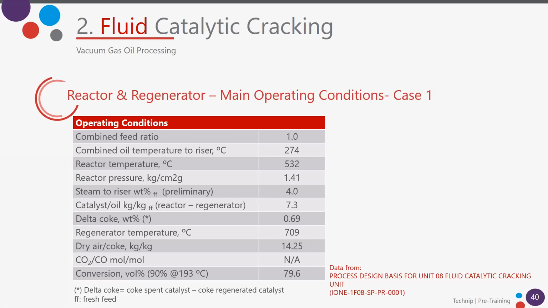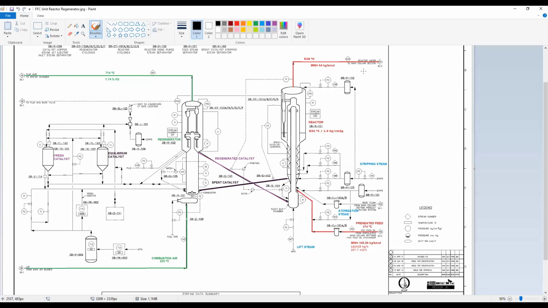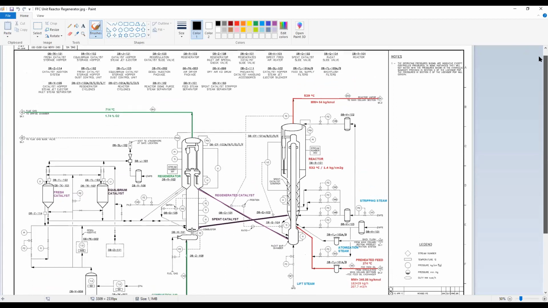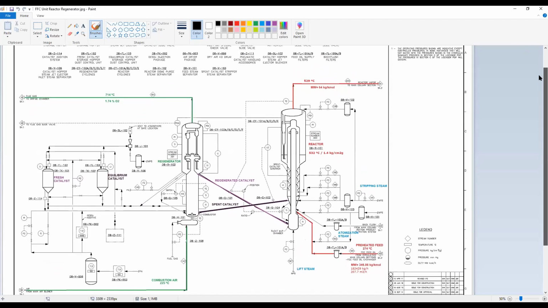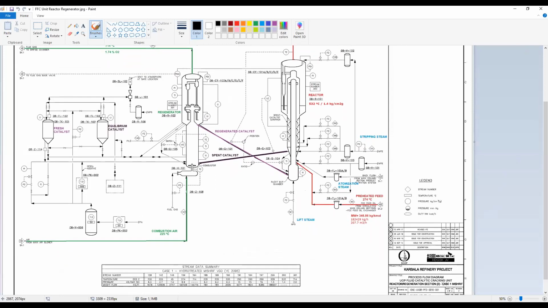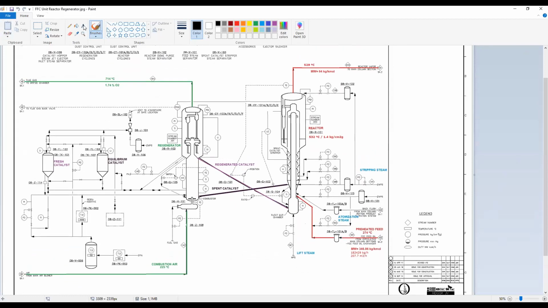Let's check what happened. This one we've done, that one. I think that's it. So you can show your... Yes, I will show you in Paint because then I can have... Okay, so this is the PFD. You are seeing the PFD here, the PFD of the reactor regeneration section for case 1. So let's begin with the feed.